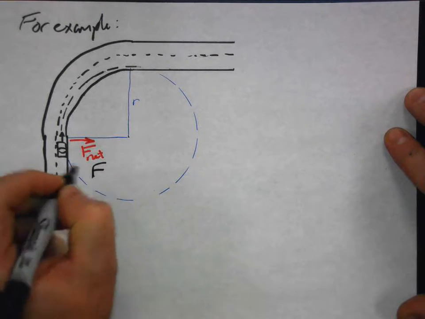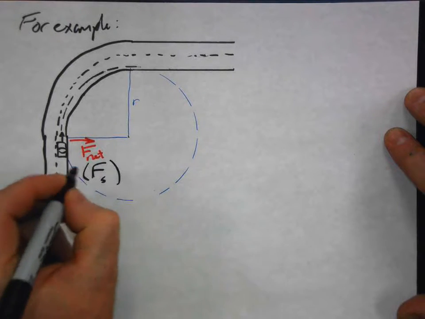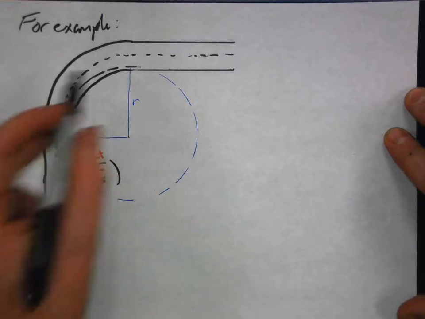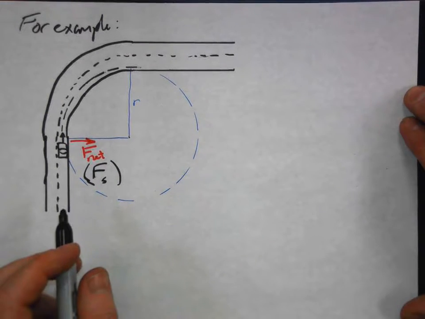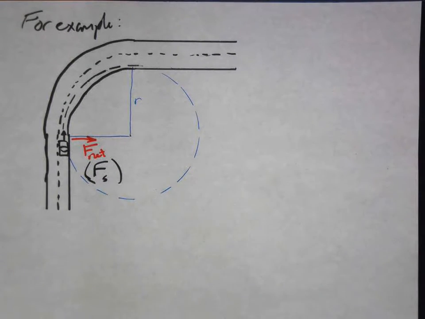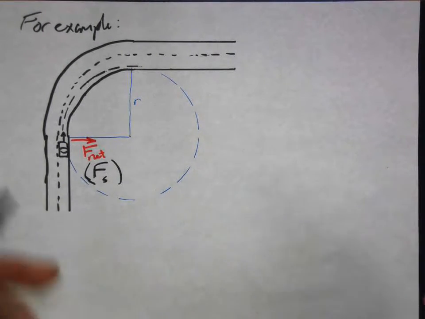If you really understood friction, you would realize that this is a static friction force, hopefully, as the car rolls around. Hopefully the tires are not skidding across the pavement. We have static friction, even though the car is moving. So pay attention: sometimes the source of this centripetal force, or this net force, is not an obvious source.